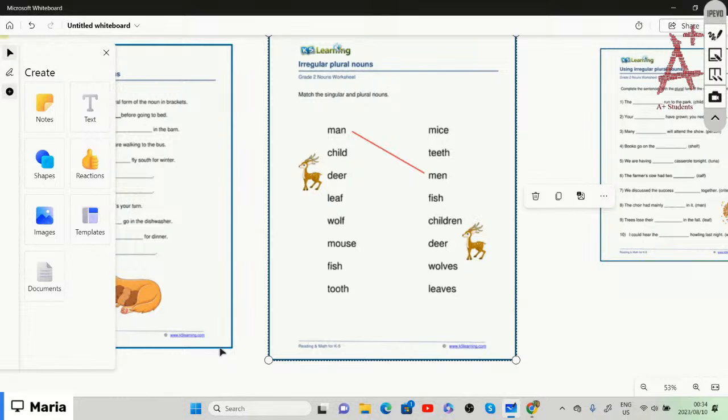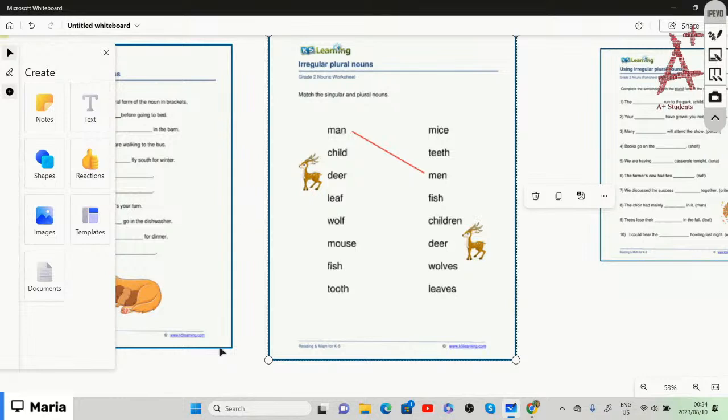So you're going to have to match the singular word with the plural form. For example, man, one man, and more than one, men. The first one was basically done for us, man and men.